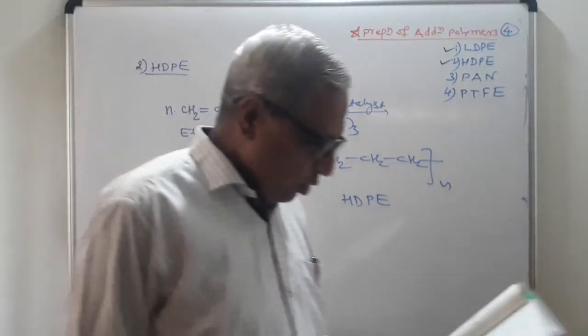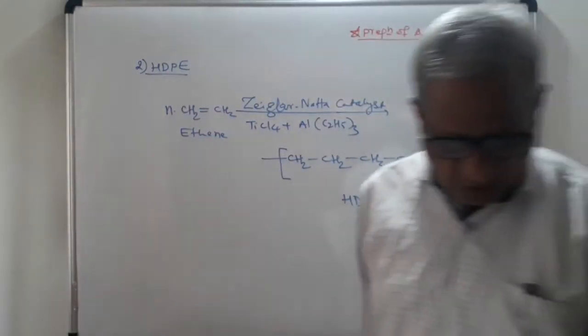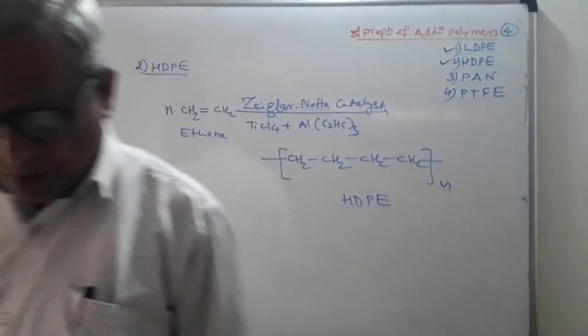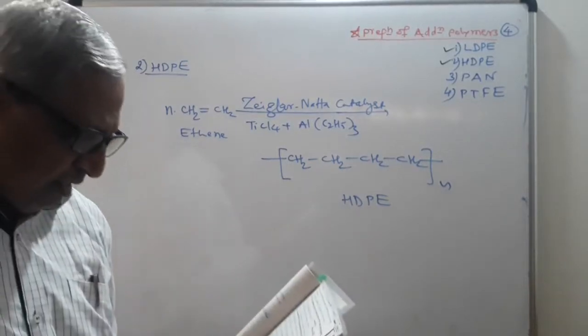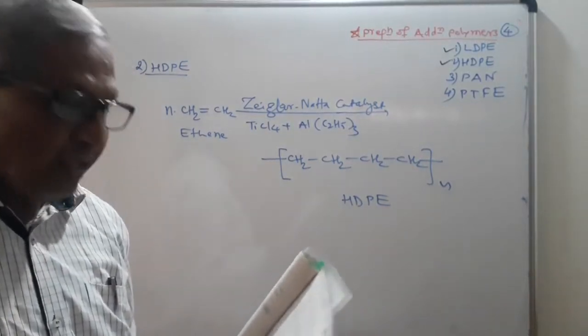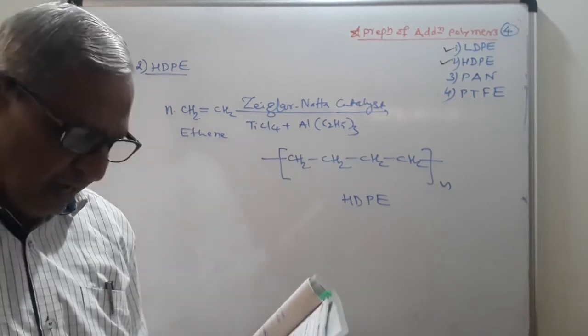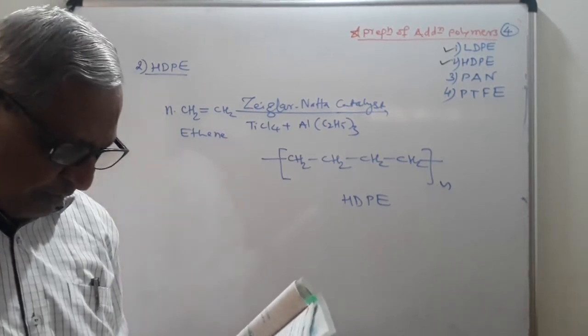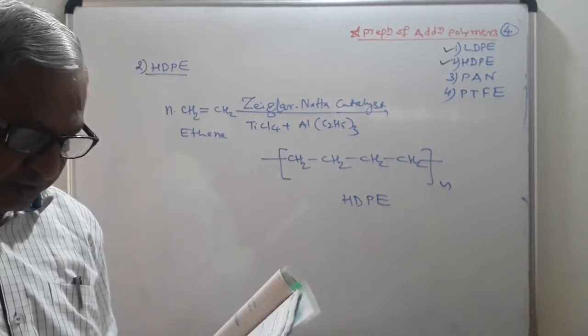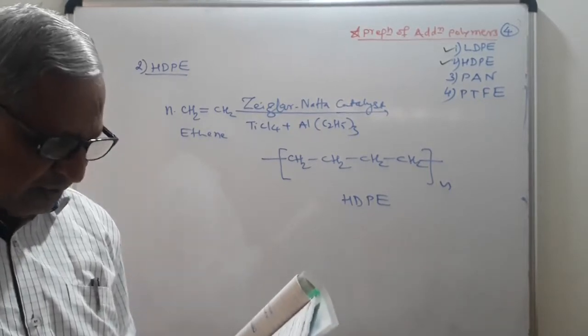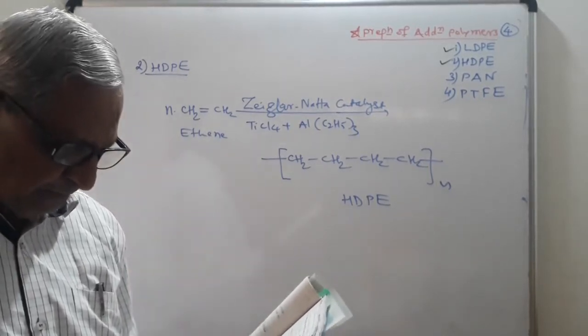It is a coordination polymer because first ethylene forms a complex with the titanium chloride. HDPE is a linear polymer, therefore it has a very high density and high melting point. Therefore it is used for making bottles, jars, buckets, drums and pipes.